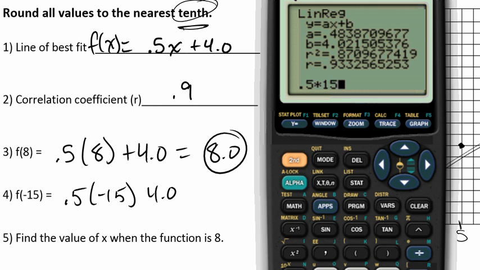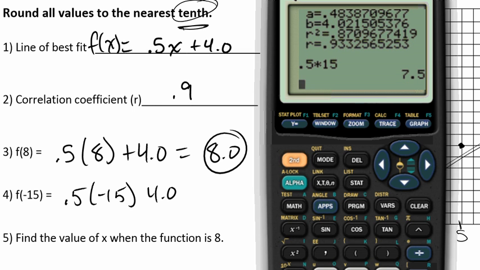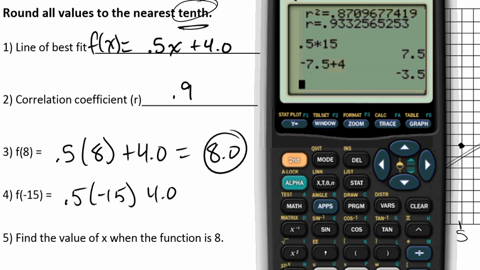Of course, that's negative 7.5. So I'm going to take the negative 7.5 and combine that with 4.0. And of course, when we do that, we get negative 3.5. So here, when we evaluate this, this is negative 3.5.